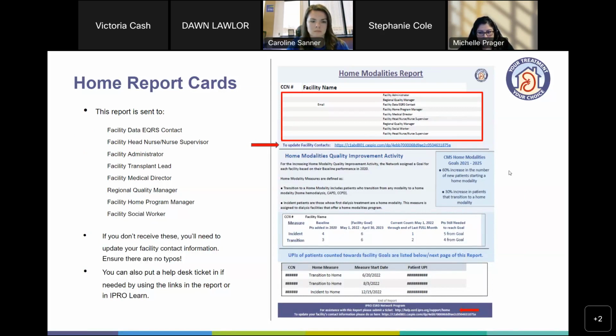If you don't receive this report, you can update your facility contact information by clicking the link on the report card or using the link in IPRO Learn, and just make sure everything is spelled and entered correctly. And if you need any assistance, you can also use the link at the bottom of the report for the help desk ticket. Next slide, please.